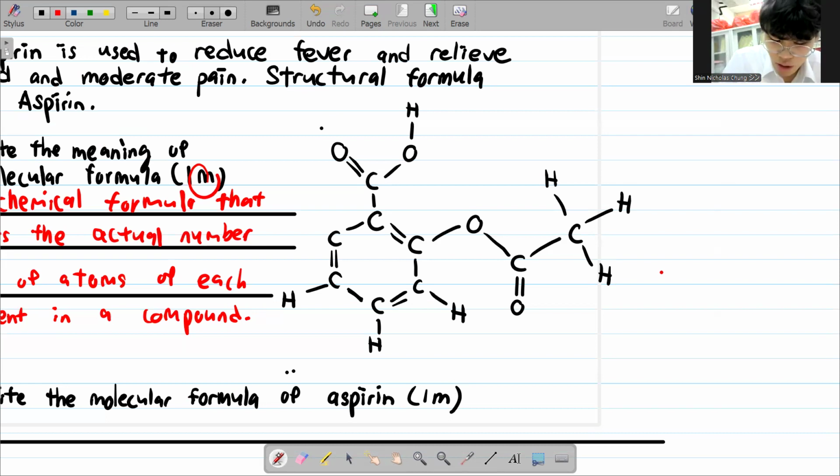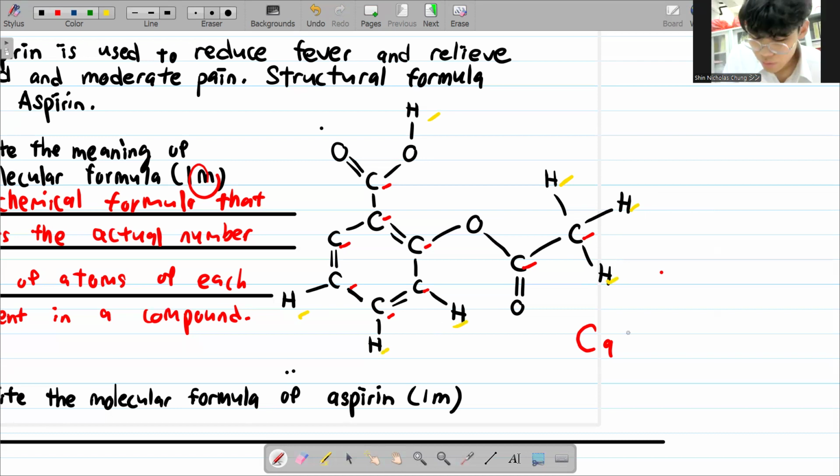How many C do we have? 1, 2, 3, 4, 5, 6, 7, 8, and 9. We have a total of 9 carbon. So we write down 9 carbon first. Next, let's look at our H. How many hydrogen do we have? Sorry, let me change my color first. 1, 2, 3, 4, 5, 6, 7.